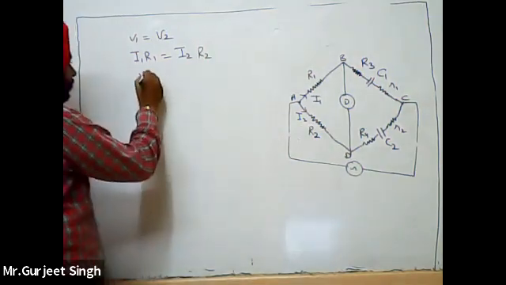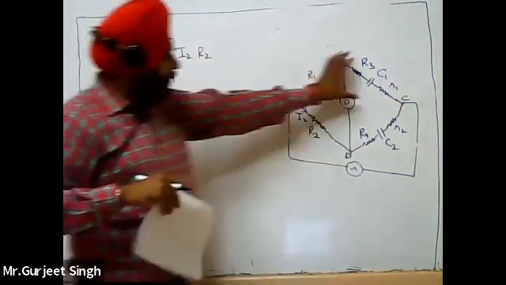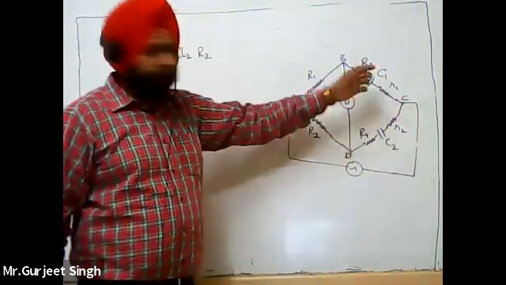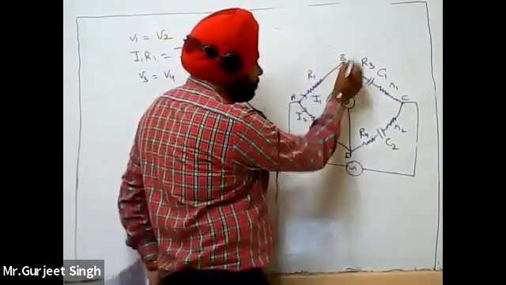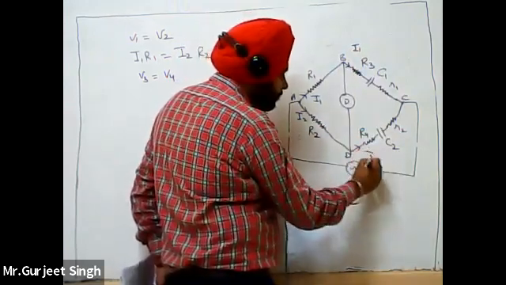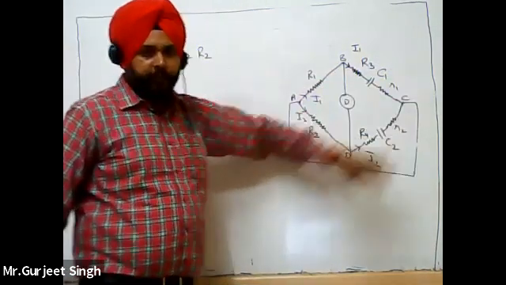Then we have V3 is equal to V4. V3 is the voltage across this arm, and V4 is the voltage across this arm. The current flowing through this arm is I1, and the current flowing through this arm is I2.